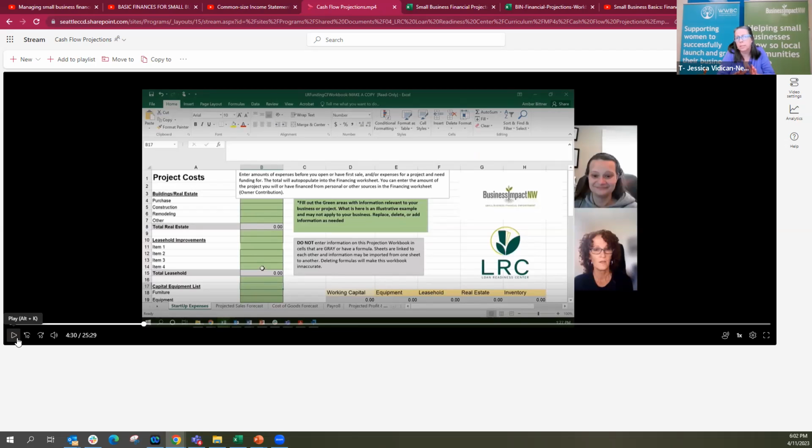So they may go into more detail than you need, and your sheet doesn't necessarily have that, but that's because this form is for when you're actually in the process of getting funded through a lending institution, and they're going to want a little more depth. For your purposes of getting your business started and understanding how these cash flow and profit and loss statements all work together, these projections, the form that you've been given will be a great start. And then as you're going into funding, then you can take it to the next step.